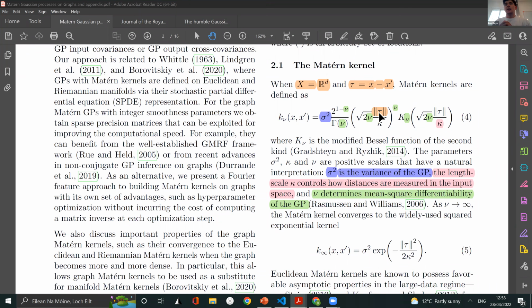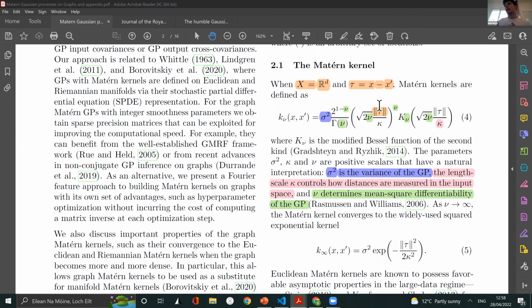It's because if you define a graph on a manifold like a sphere, and you define the distance like that, a distance between two points, two nodes, then it turns out to be a Euclidean kernel, which doesn't make sense.